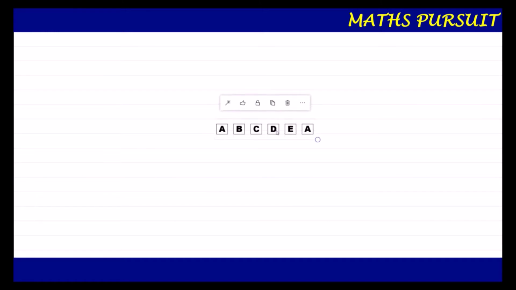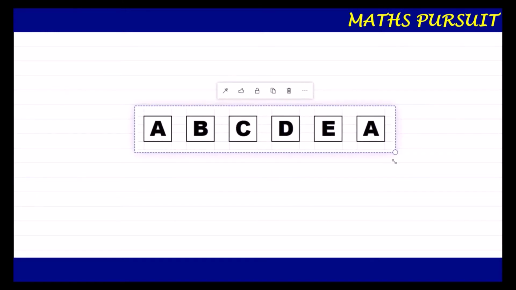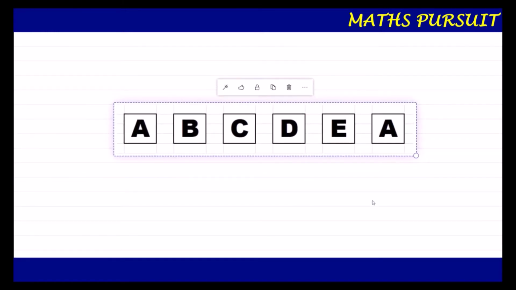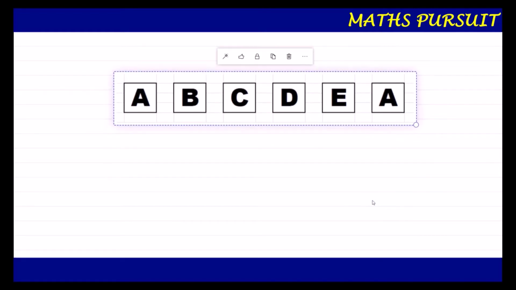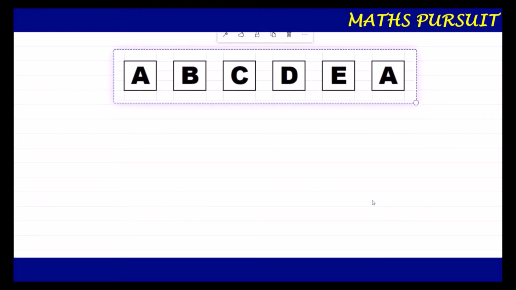Now, the question is talking about a die that the child is having.